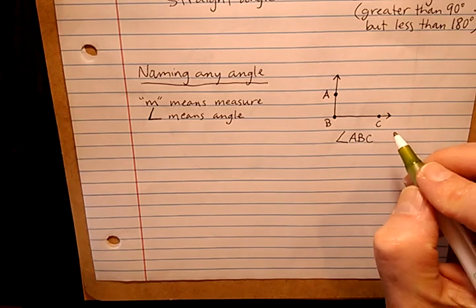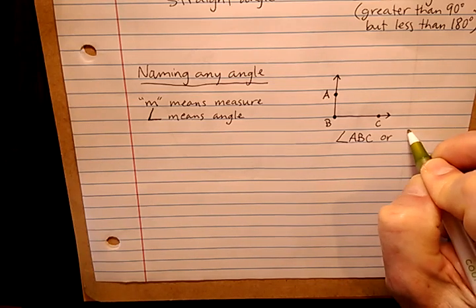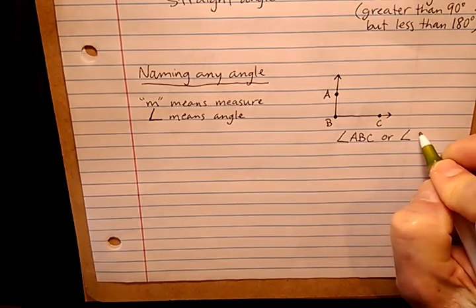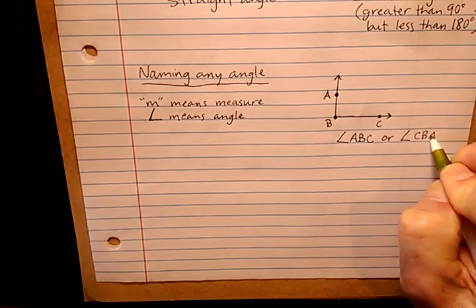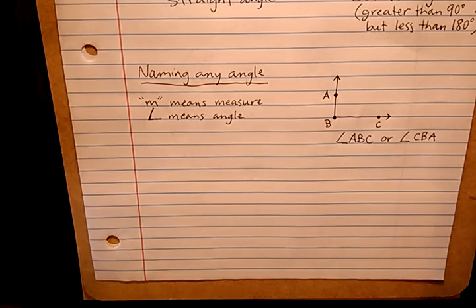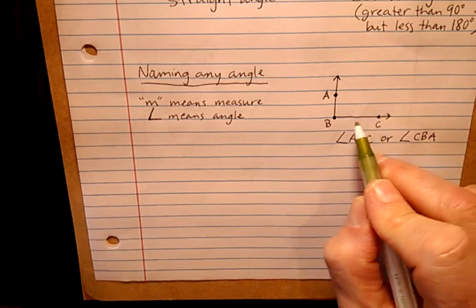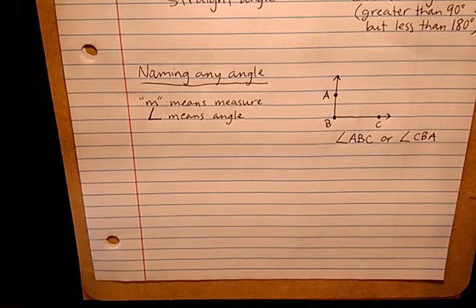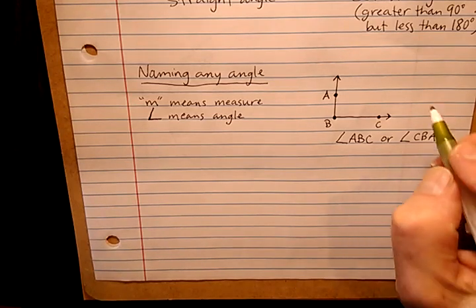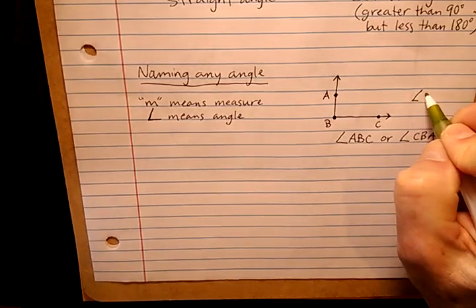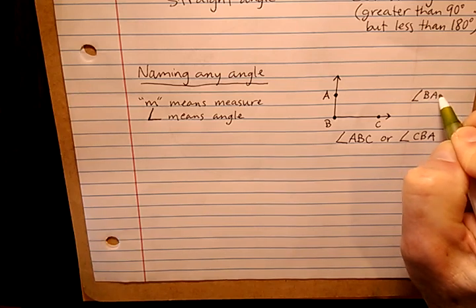You could also call it angle CBA. It's okay to call it angle CBA because you can start from this letter and go that direction. But you can't call it angle BAC.